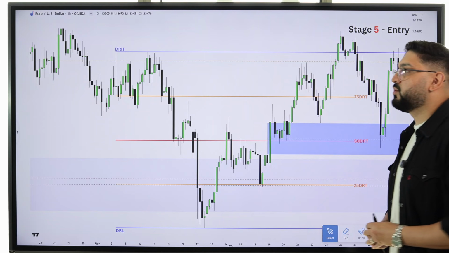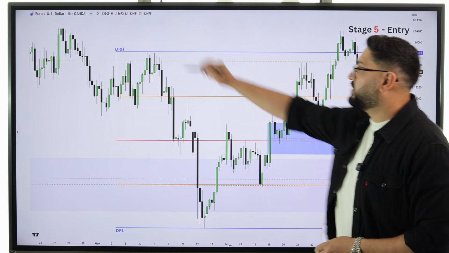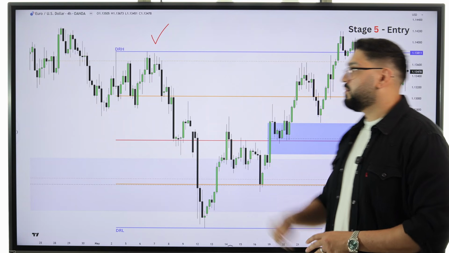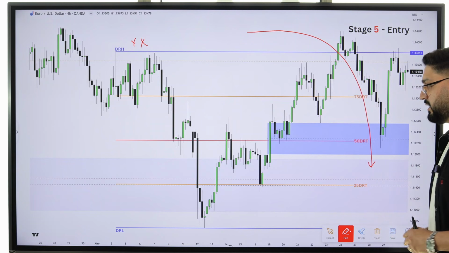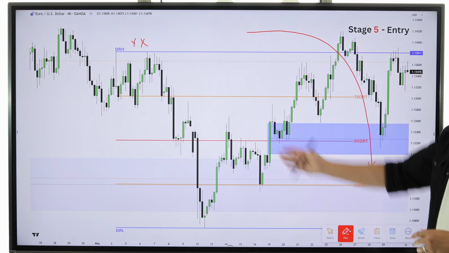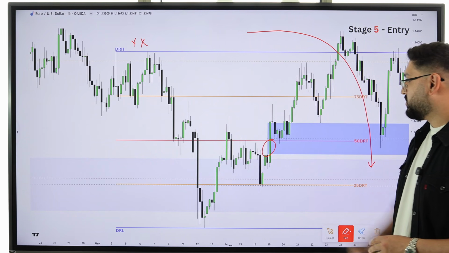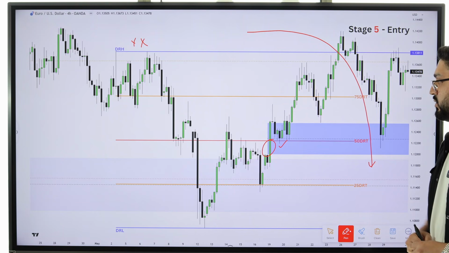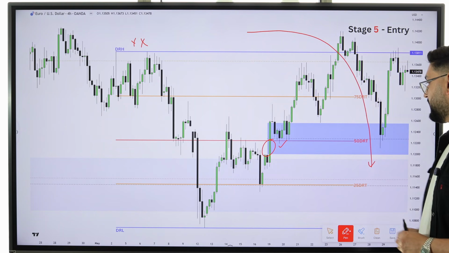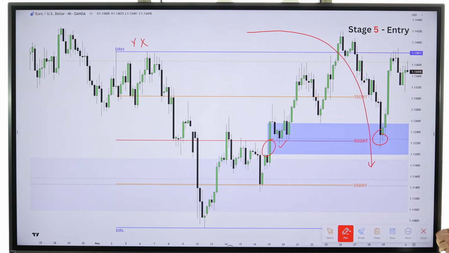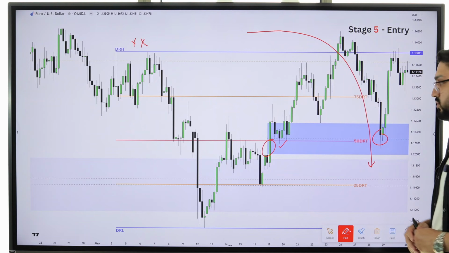As a quick side note here, notice after we run the dealing range high, price drops lower back below the 50 DRT level and digs deeper into that buy side imbalance over here and sweeps the liquidity below this low that's nested inside of that 50 DRT level. Again, notice the bodies over here failing to close below it.